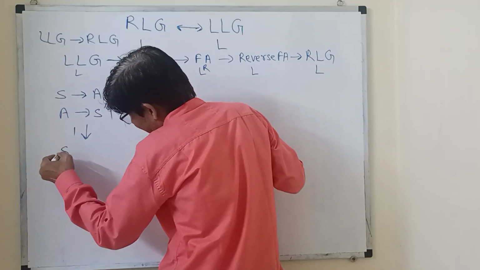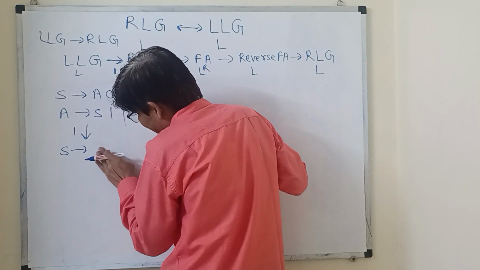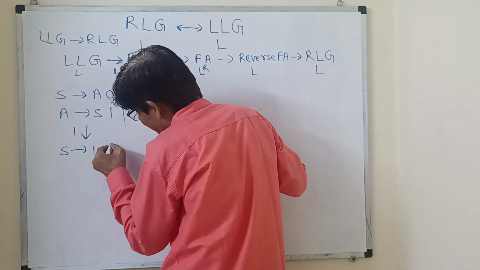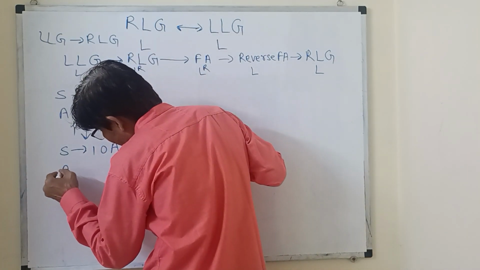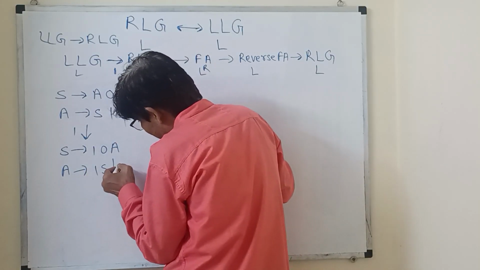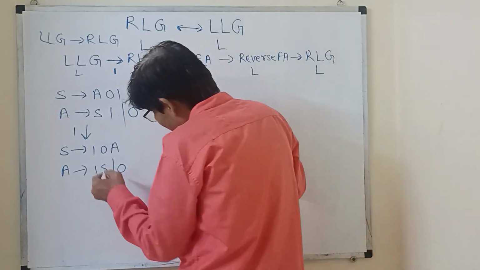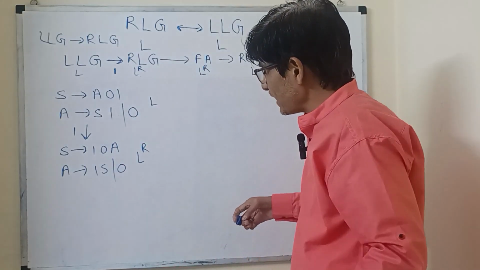So the reverse RLG would be: we will reverse the right hand side of each production. So we will write S gives 10A, then A gives 1S, and this is after reversing again it will be 0. So now this particular RLG will generate the reversal of L.